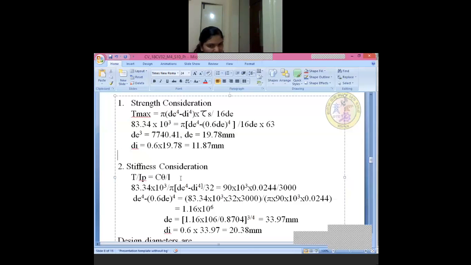Similarly, the internal diameter is 0.6 times the external diameter, which turns out to be 11.87.